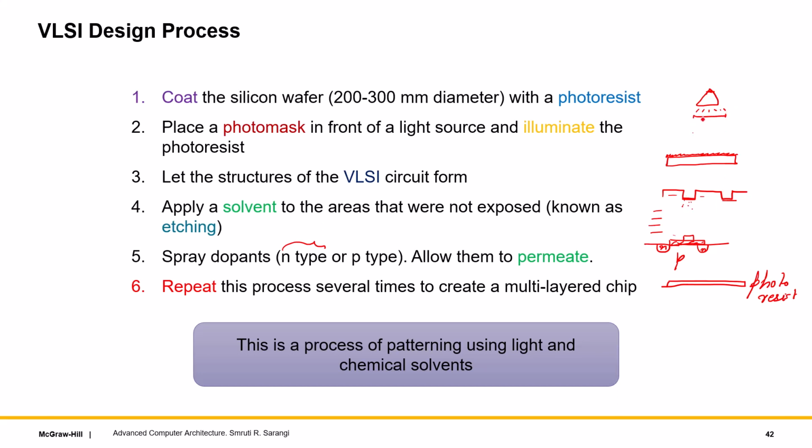The mask will block some light and let the rest pass through. The light that hits the photoresist reacts with it and changes its chemical structure. Then we wash out parts of the photoresist and expose those parts to a different kind of environment, a gaseous environment where dopants can percolate or metal can get deposited.